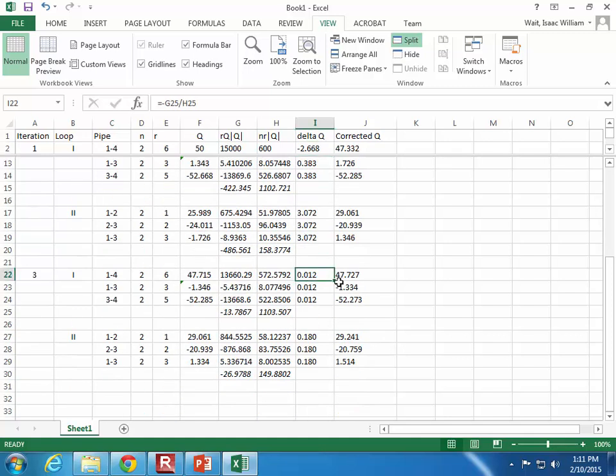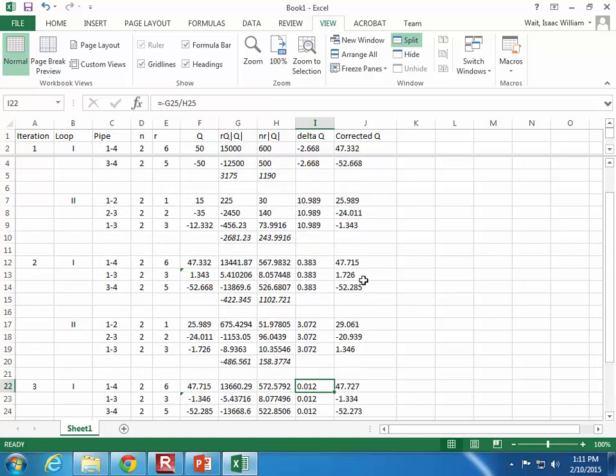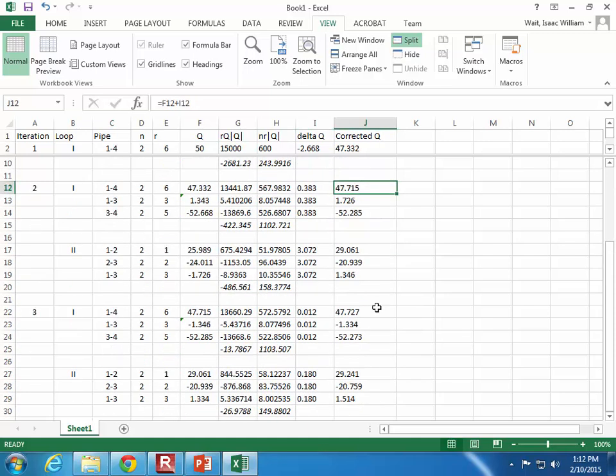Now it's 0.01. So it's getting nice and small. And the flow rates aren't changing much now either. Here's 47.7. Here's 47.7. Some of them are still flopping around a little bit. 1.7, 1.3, 1.3, 1.5. So we need to find the middle ground on pipe 1, 3.